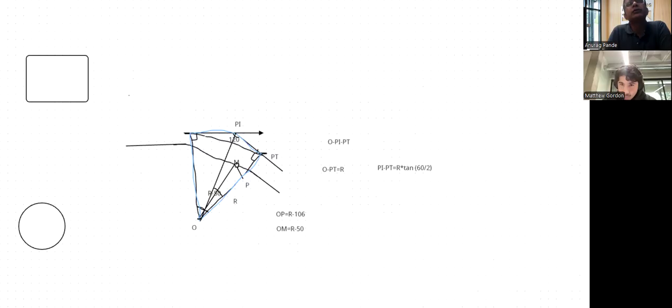Does that make sense to you? So PI to PT will be just R times tangent of 60 over 2, which is tangent 30. So you can figure out PI to PT.